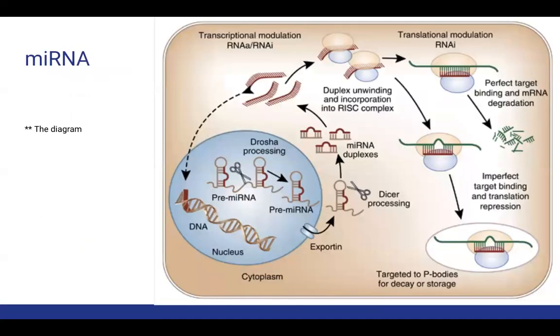Diagram, okay. So when initially transcribed in the nucleus, the RNA is called pri-miRNA, with an I. This is mislabeled. In the nucleus, Drosha will process and cleave the pri-miRNA into smaller pieces called pre-miRNA.